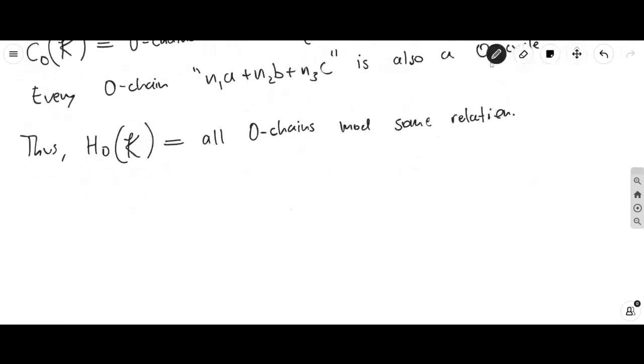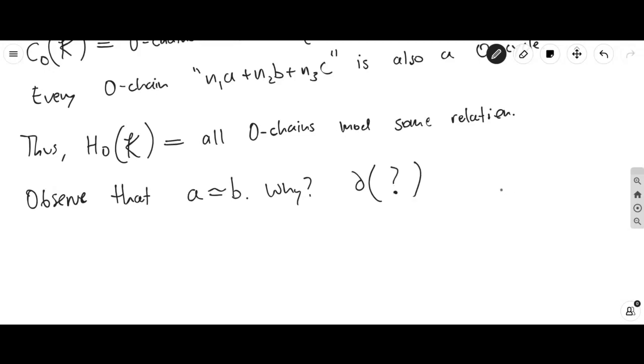So it would look like this, but you need to have some kind of relation. And the way you do it is, you're going to observe that A and B are equivalent to each other. So these two zero cycles are equivalent to each other. Why? The question is, can you find a one simplex whose boundary will give you their difference? That's what you're asking.